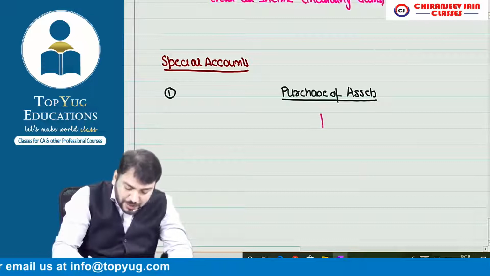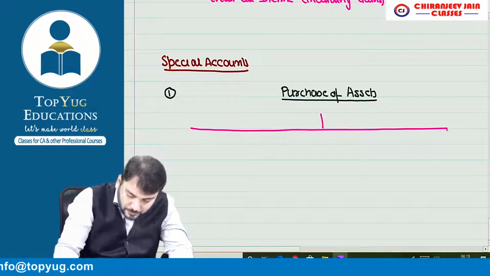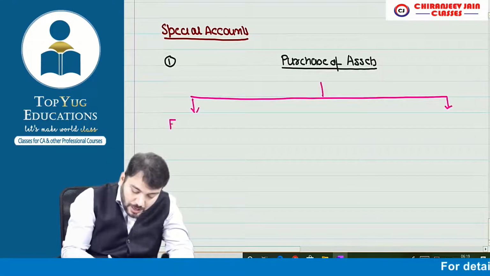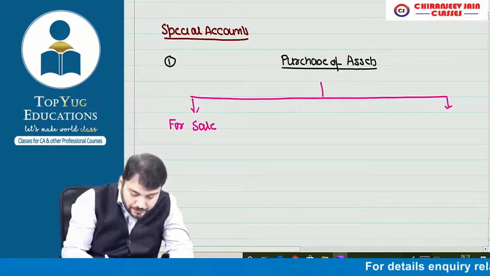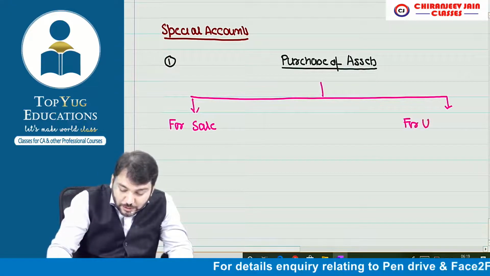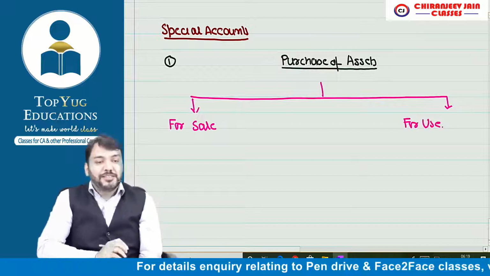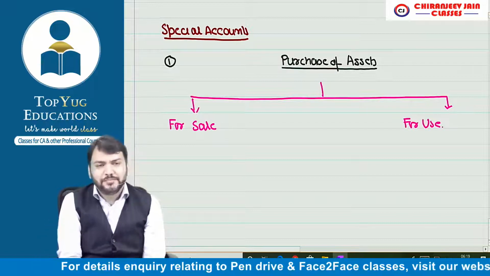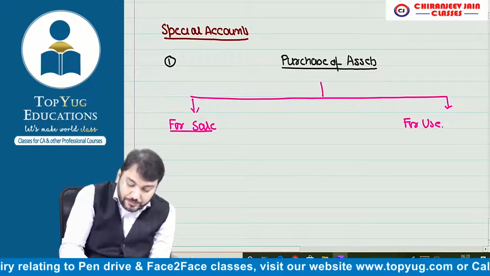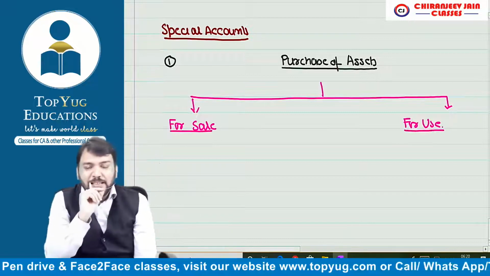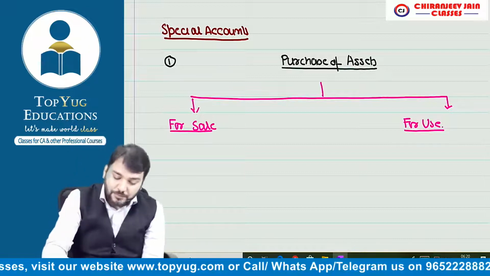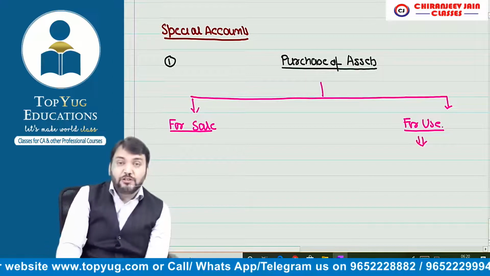Can I say we purchase assets either for sale or for use? Understood? Whatever asset you purchase is either for sale or for use. Can you give me any example of an asset which you purchase for use? Tell me an example.